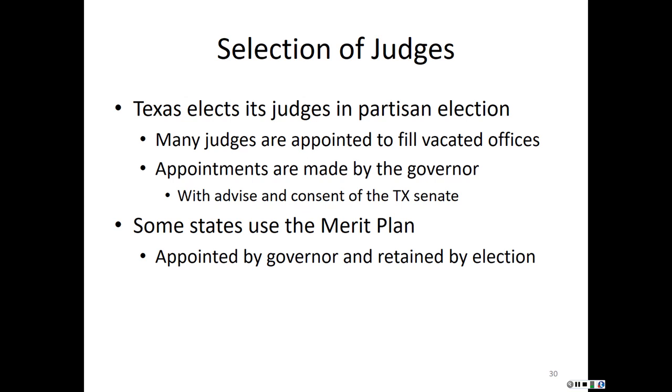You are retained by election. What if less than 50% of the popular vote says you deserve your job? You're out of a job. And now, under the merit plan, the governor is going to appoint somebody else. So you don't run against another individual. You are basically running against yourself.